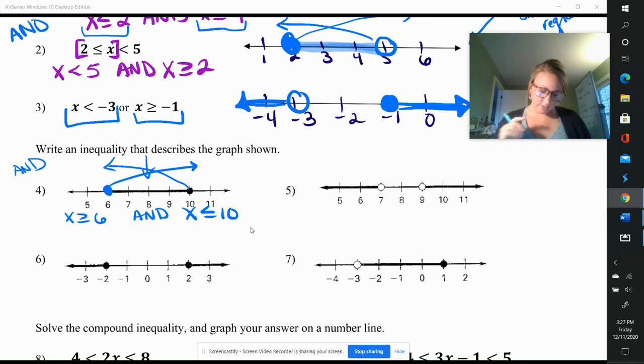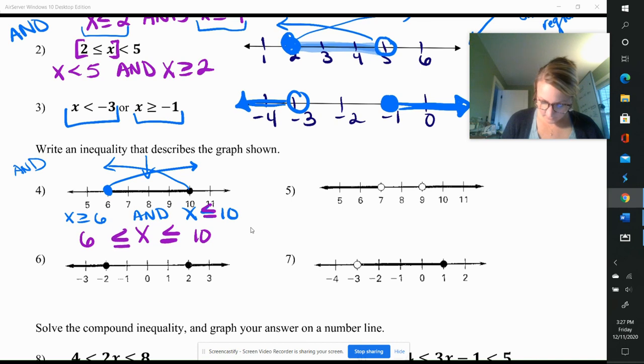So when we go to write the compact compound inequality, start with your two endpoints, put x in the middle, and then fill in the right side first because the variable will be on the left. So fill in less than or equal to, and then follow that same direction for the left side.